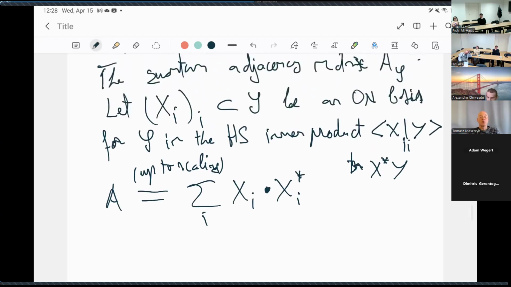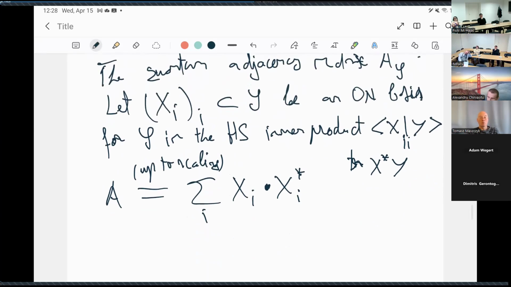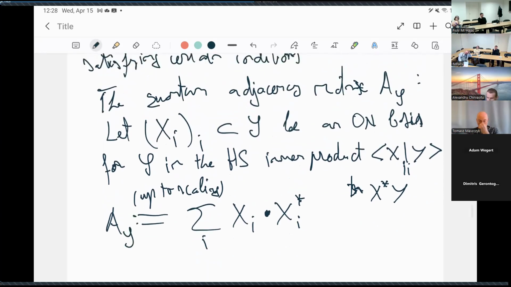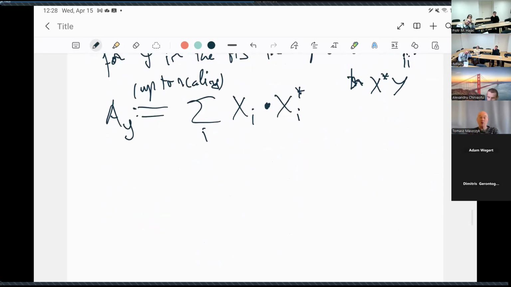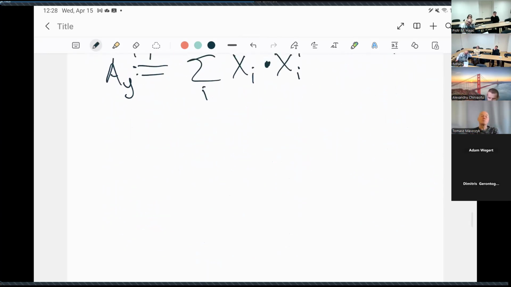All right. By definition, this is A_S. So we have these three pictures of quantum graphs.